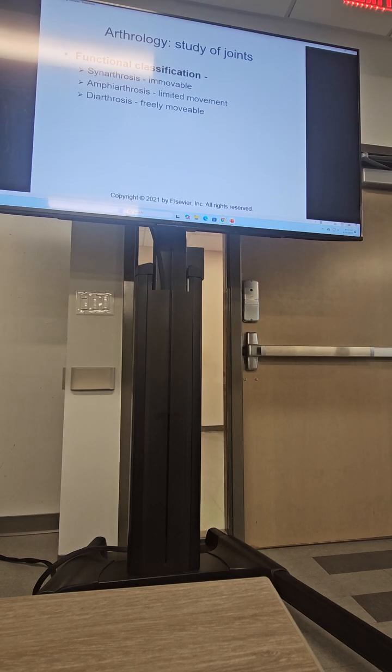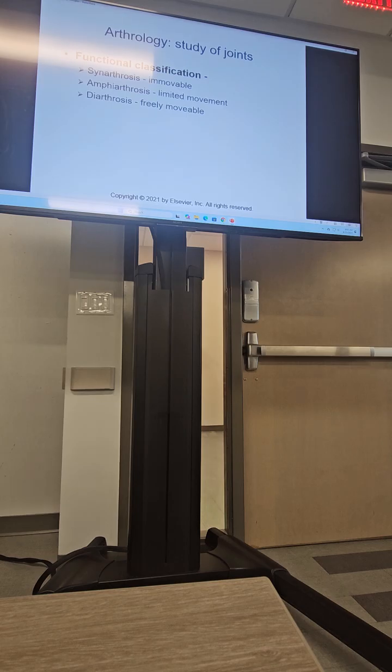Now, with the joints, again, very brief. The only thing I want you to concentrate on is those three names here. We have a lot of joints in our body, and we have two types of classification. Functional classification mainly addresses the motion, how the joints are moving, whether they are movable or not movable.